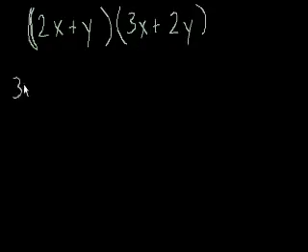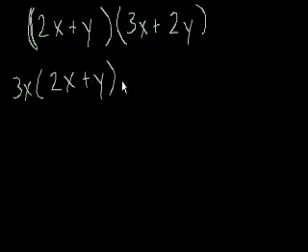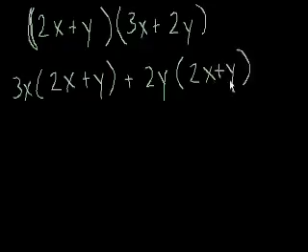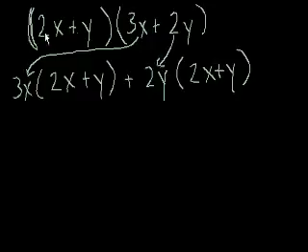We could say this is 3x times 2x plus y plus 2y times 2x plus y. See what I did? I just switched the order this time just to mix things up. This 3x is there, and this 2y is here, and we distributed the 2x plus y along each of these. And now we just multiply it out.